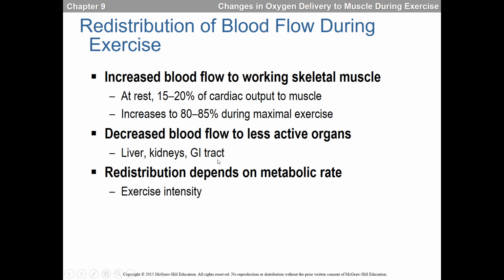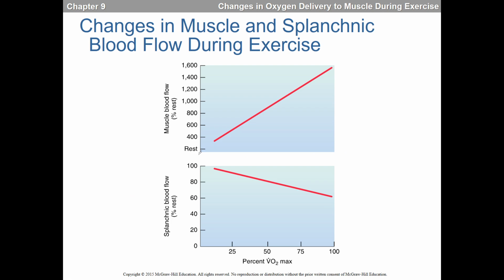At rest, we have a lot of blood flow in our gastrointestinal tract, and then much less whenever we start exercising. Here, splanchnic, a very difficult word for me to say, more or less means spleen. So that's going down. Muscle blood flow is going up in relationship to exercise intensity.